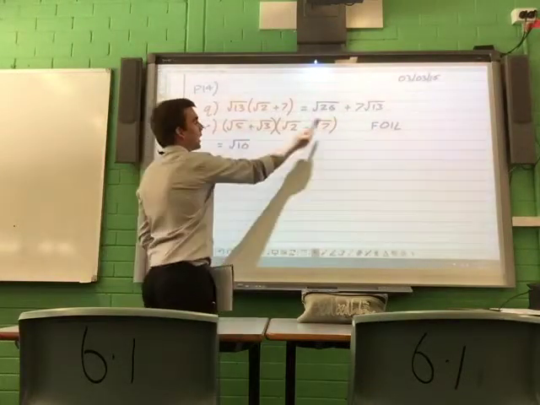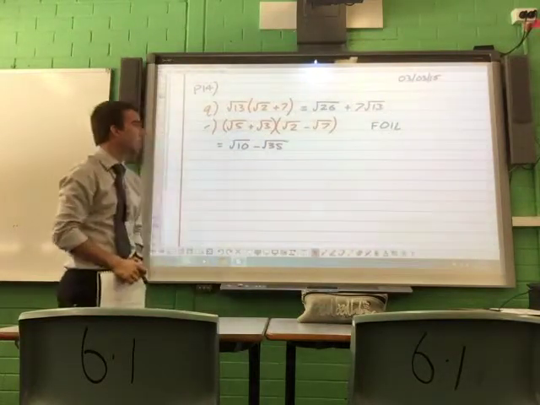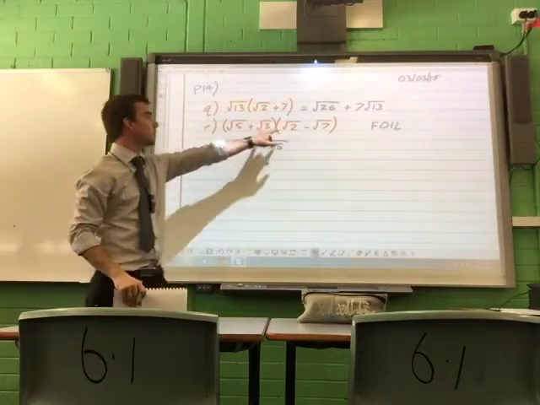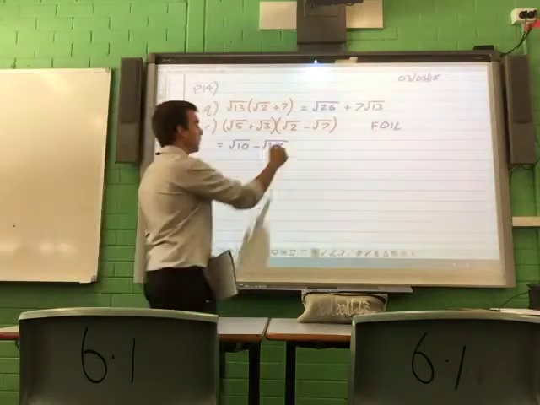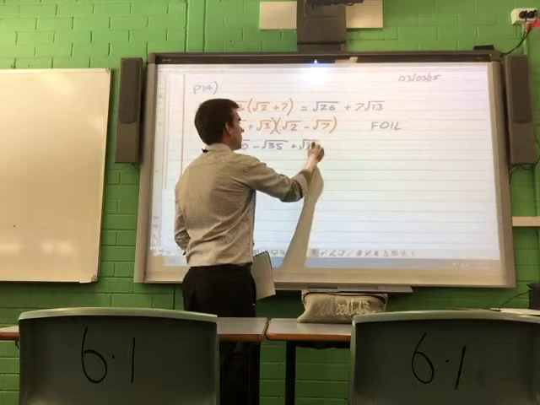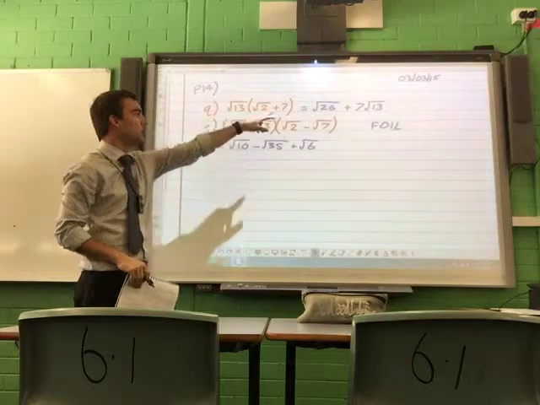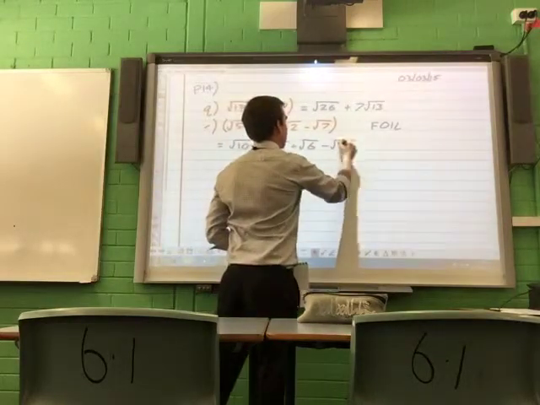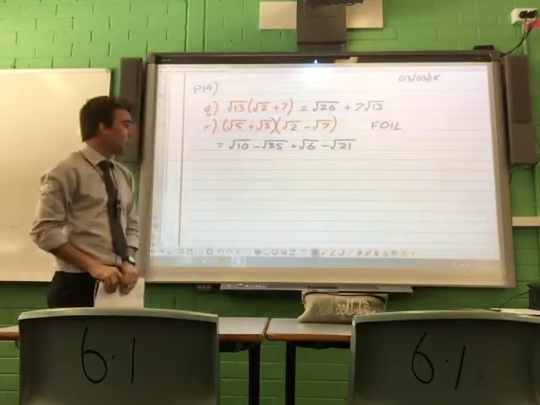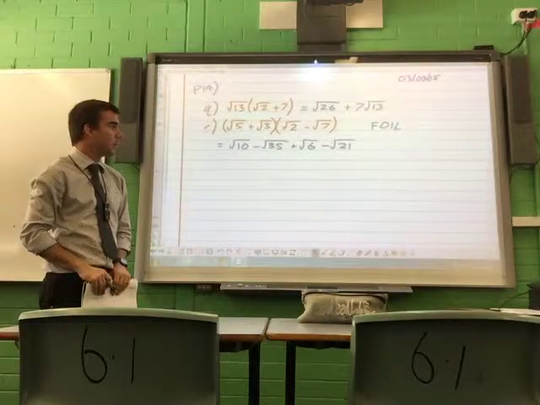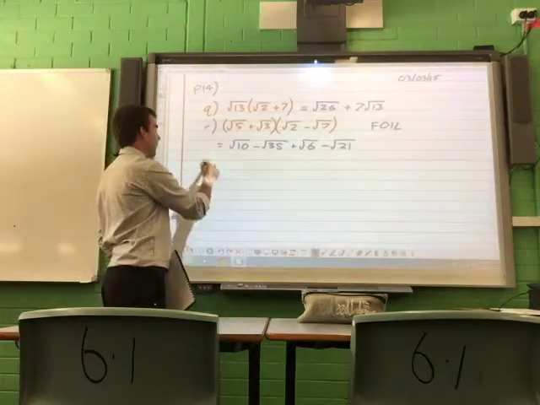Outer, root 5 times negative root 7, negative root 35. Inside, root 3 times root 2, both positive, so positive root 6. And last, root 3 times negative root 7, negative root 21. You can't simplify those, no perfect square number in there to multiply, so we leave it like this. Can't do any more with that.